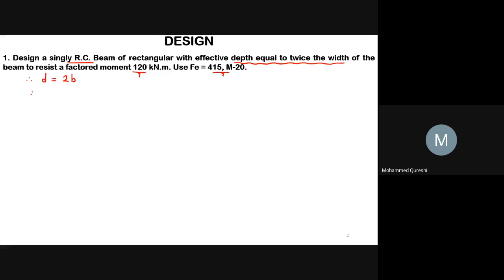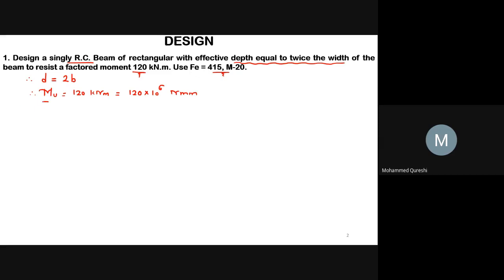Then, factored moment is given as 120 kilonewton into meter, which is approximately equal to 120 into 10 raised to 6 Newton into mm.